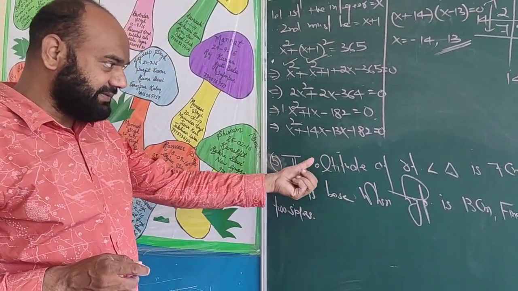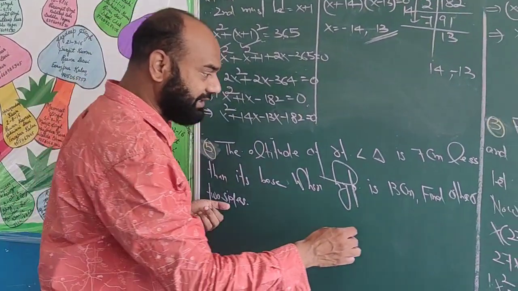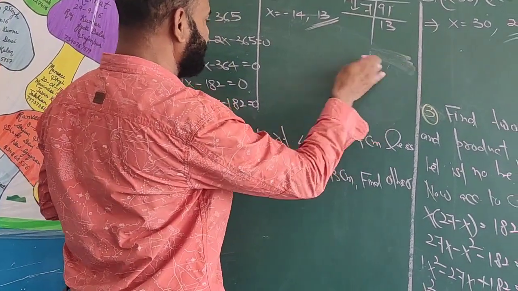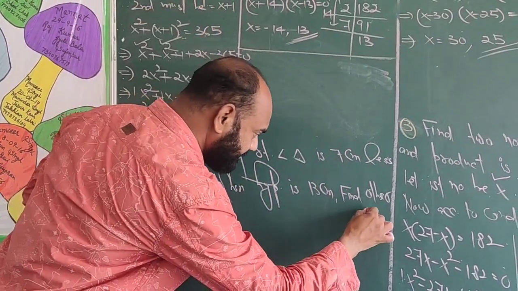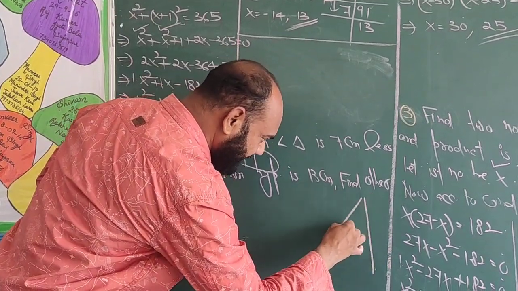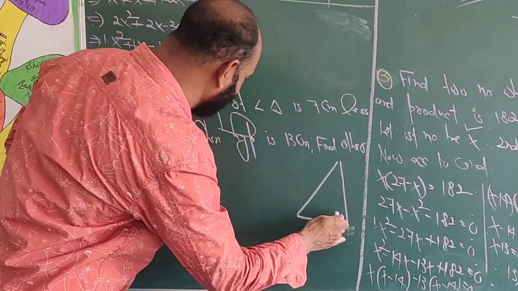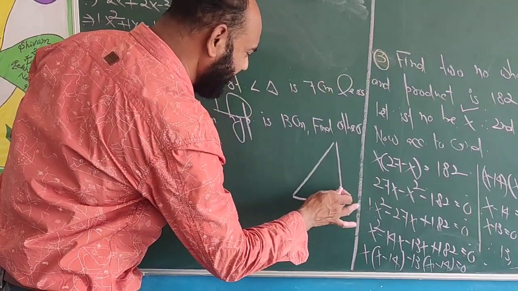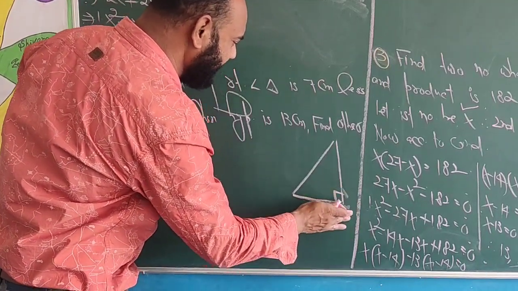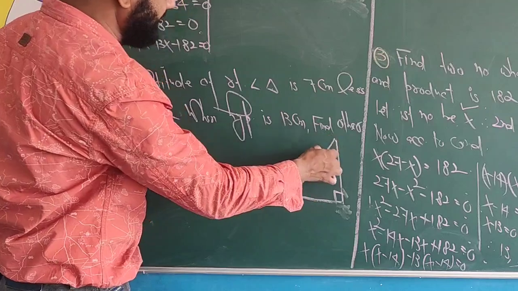And here the relation is given: the altitude of a right angle triangle. Here we have a right angle triangle, and we know that any triangle in which one angle is 90 degrees is said to be a right angle triangle.